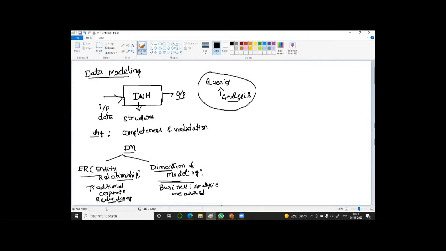Like I told you, one key characteristic in DWH is that it accepts ad hoc queries. It means the questions are ad hoc; a particular one will come and go. So that adaptability is there in dimensional modeling. That's why it is optimized for online queries and DWH tools.